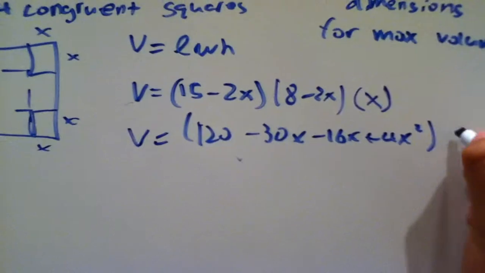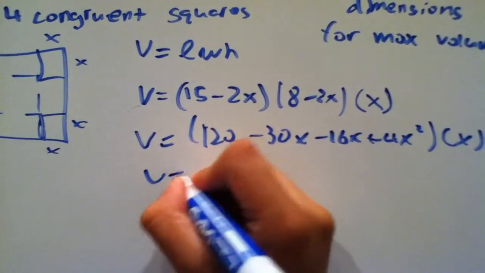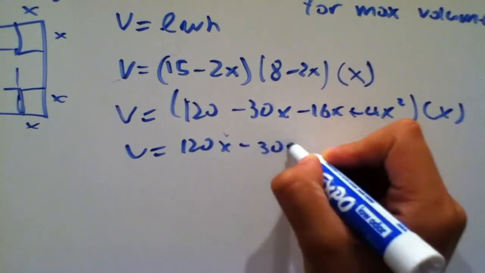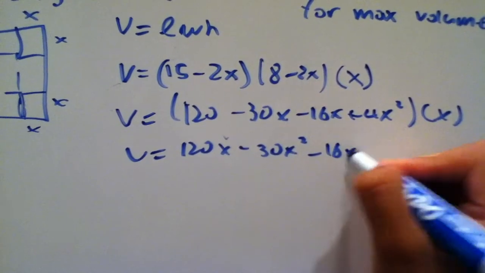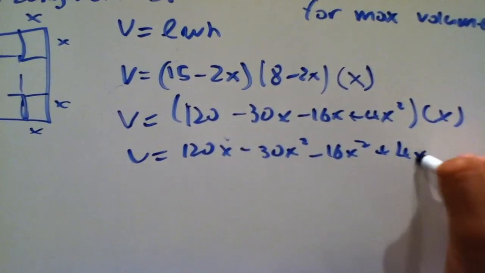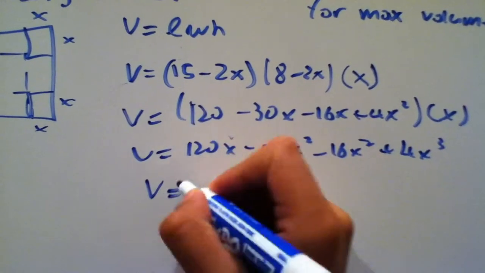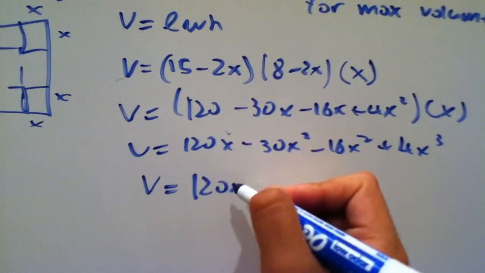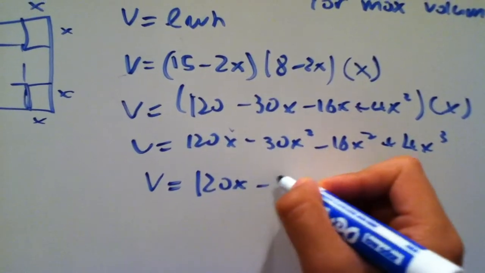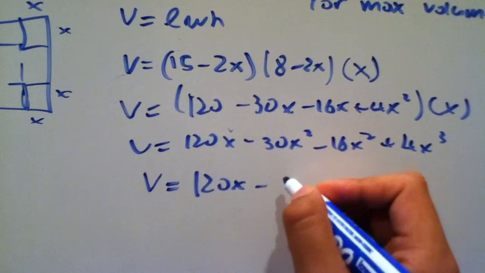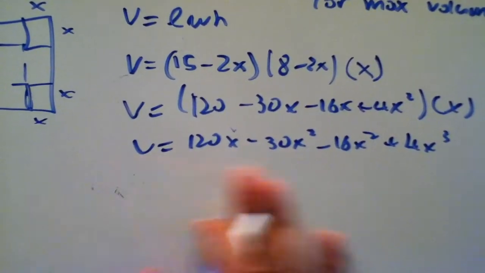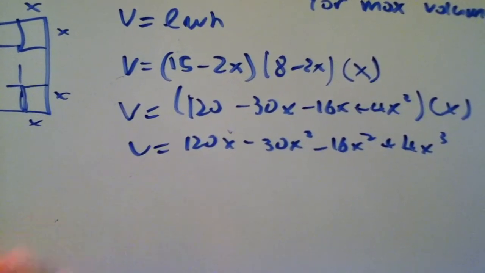It's 4x squared times x, so then you get V, volume, is equal to 120x minus 30x squared minus 16x squared plus 4x cubed, and you get volume is equal to 120x minus 90, so this is just simplified.